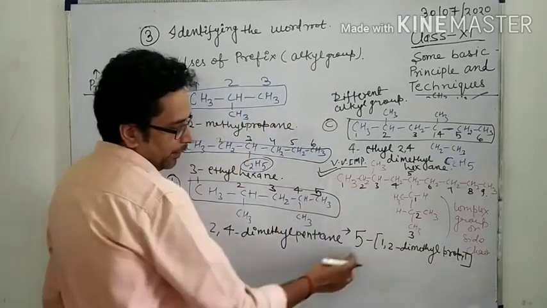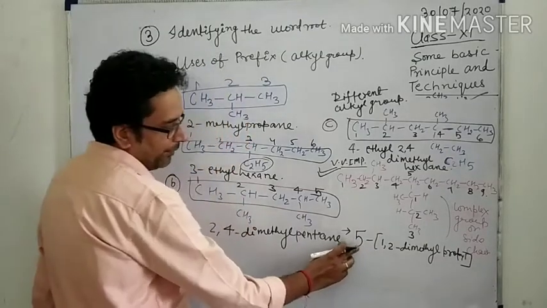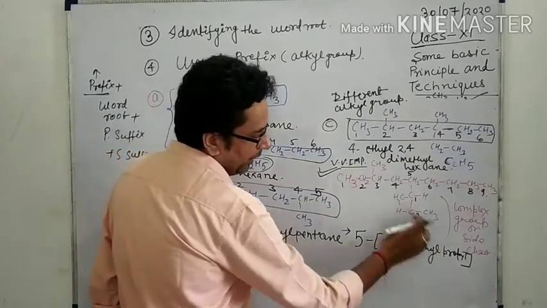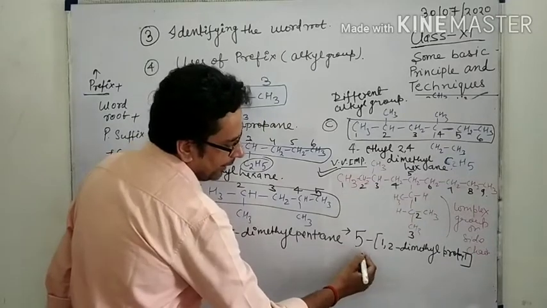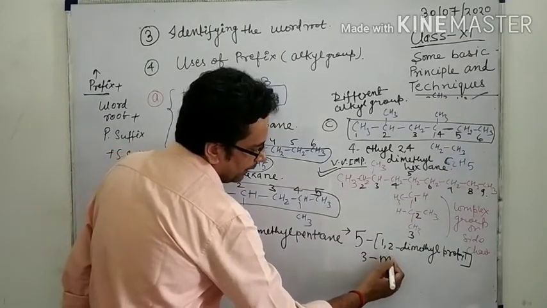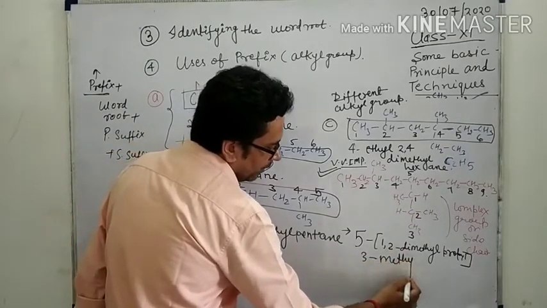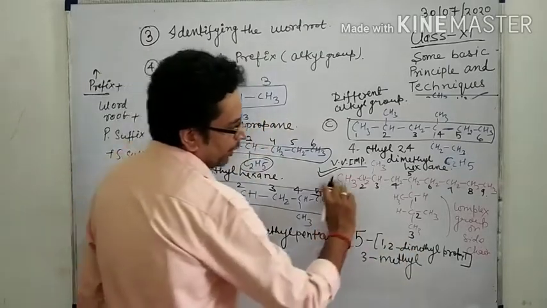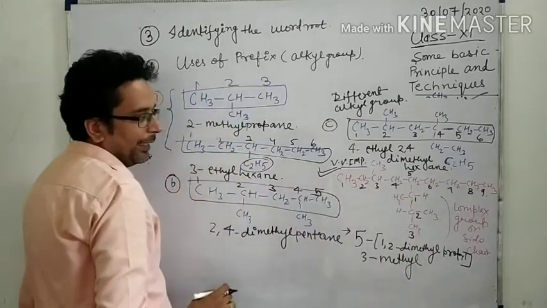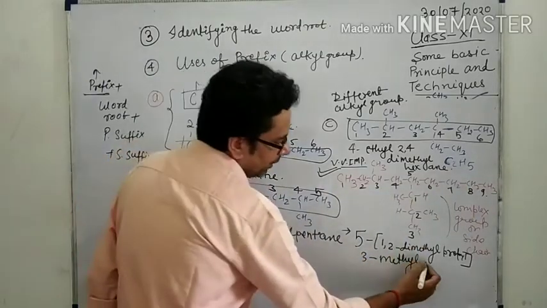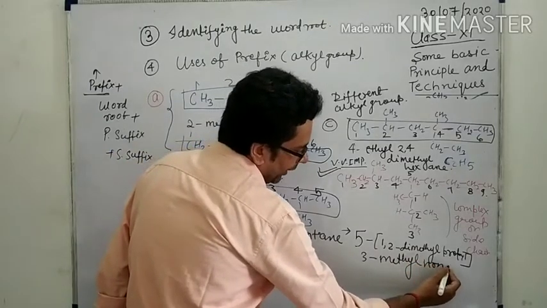Okay, 5-(1, 2 dimethyl propyl), 3 methyl. Total number of carbon is 9 and all are saturated, so the name is nonane.